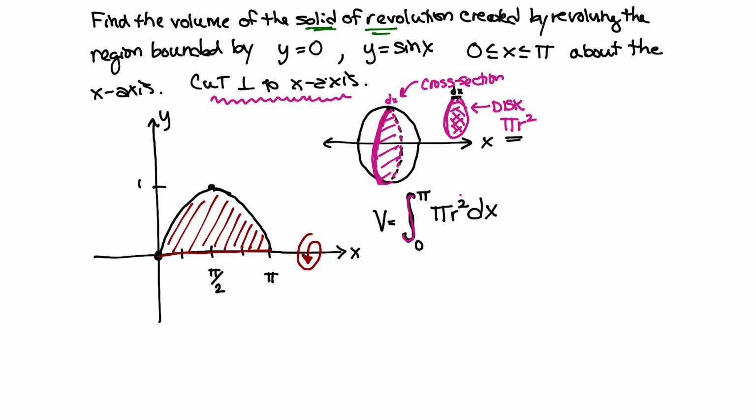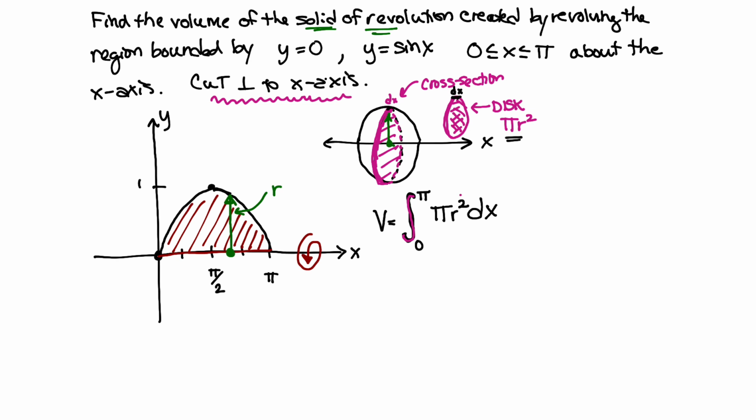Now, the radius is changing. On your quiz next week, you will be required to show me what that radius is. What is the radius for each of those perpendicular cross sections? The radius always gets measured from your axis of rotation.